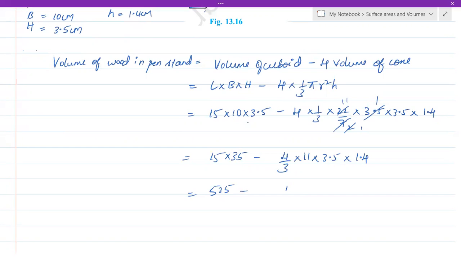So 44 into 3.5 into 1.4 and divided by 3. So we get it as 71.866, it keeps on going.